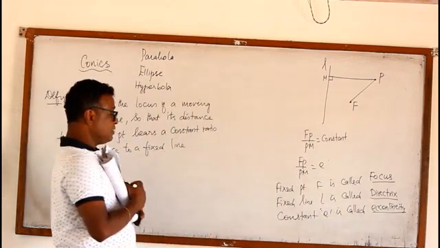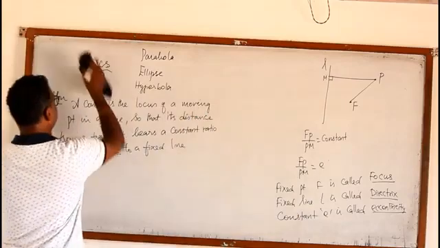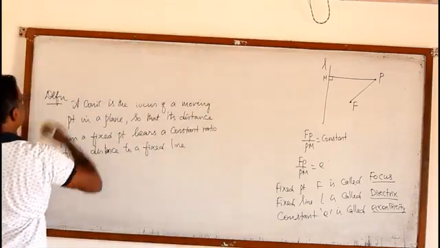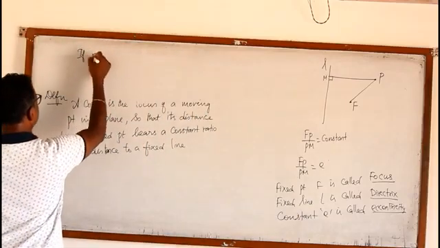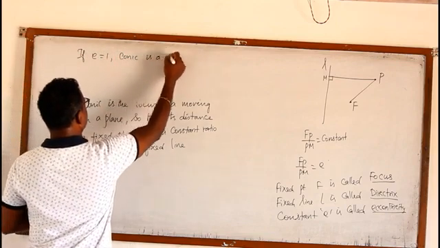So a conic depends on this eccentricity value. If e equals 1, then the conic becomes a parabola.